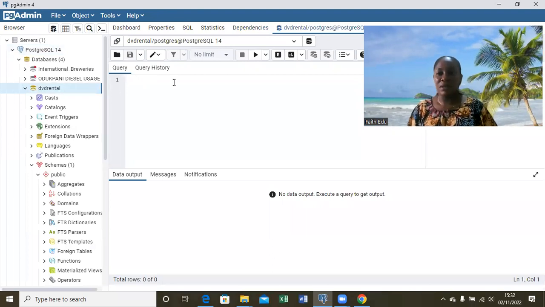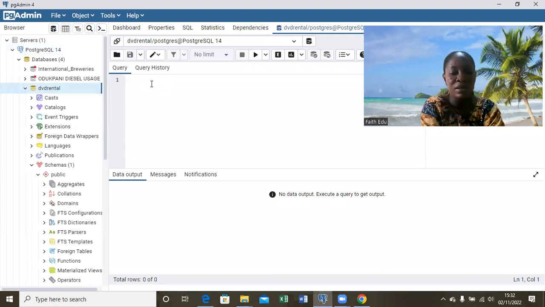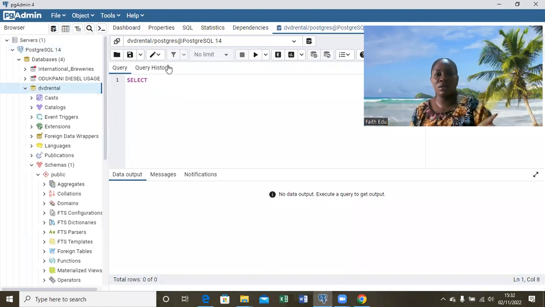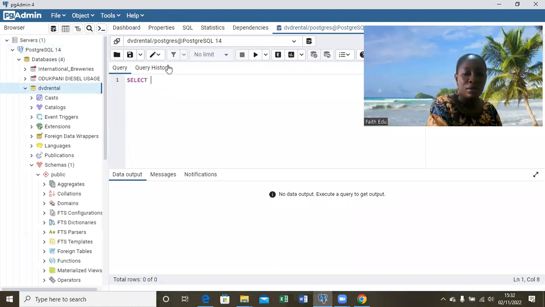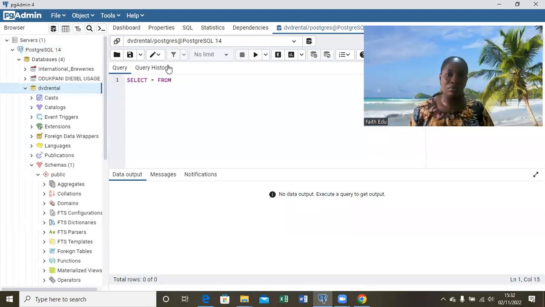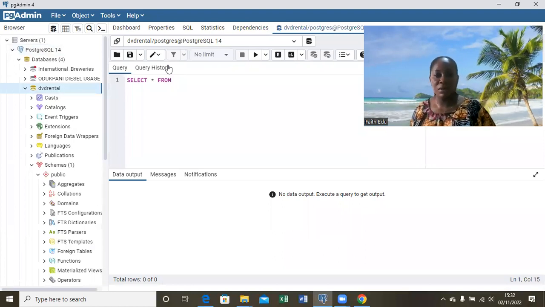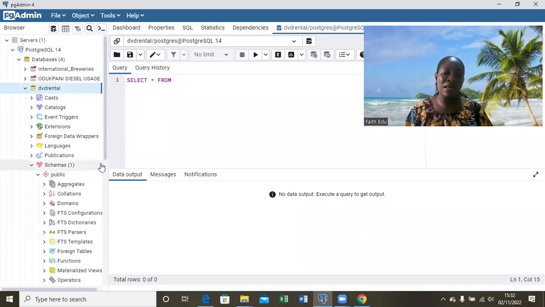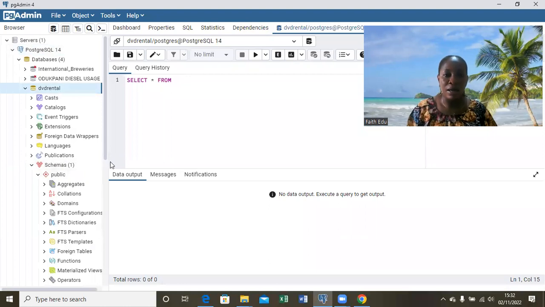Remember, we say the SELECT statement is the beginning of every query. Remember, it's also not case sensitive. So SELECT, all in capital letters. The command statements are not case sensitive, but remember, your column and table names are case sensitive.